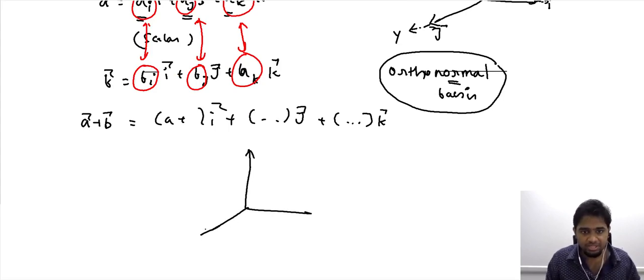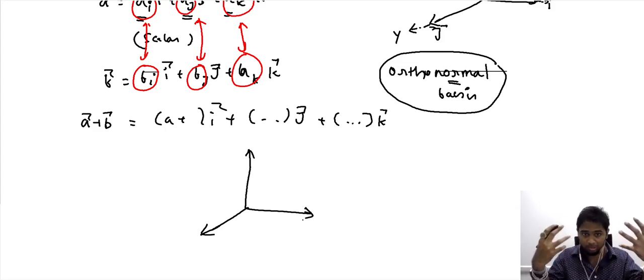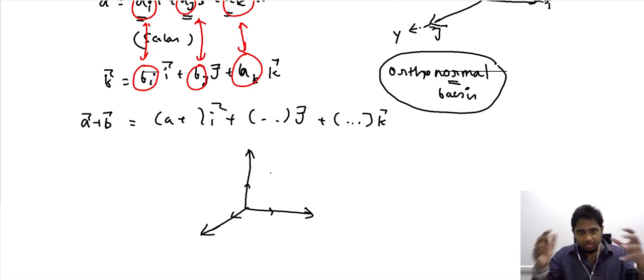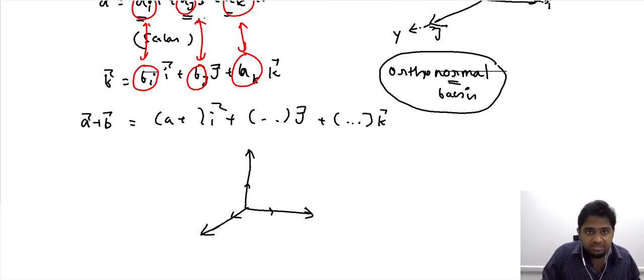Let us say that, instead of considering just the basis, let us consider the orthogonal space. So when you have your orthonormal basis, let me repeat, we have your I vector, J vector and K vector based on this orthonormal basis.